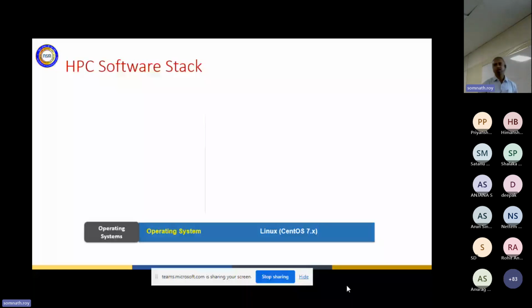Okay, but I can check that out. My colleagues who did this will be able to tell me why CentOS was chosen. It could be popularity and support.